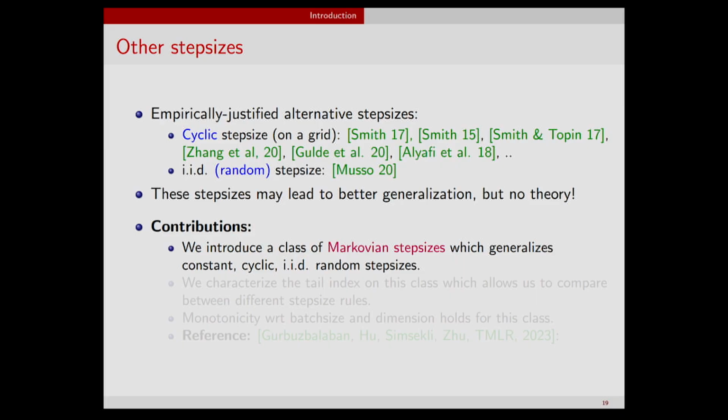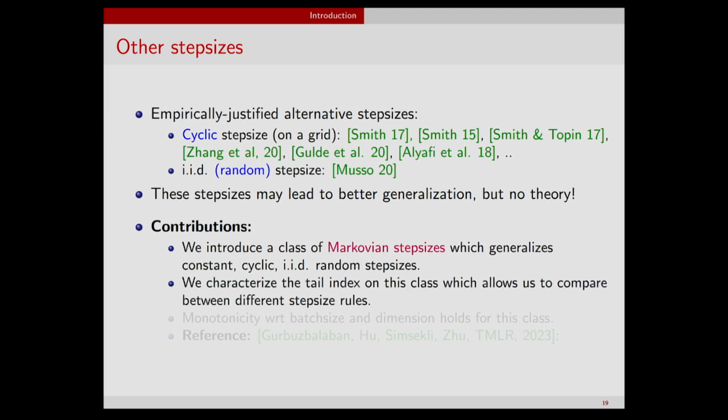But understanding the generalization is hard, so I'm going to try to understand the tail index. If I can understand the tail index, then I can relate it to generalization. I'm a mathematician, so we try to generalize. So let's propose something like a Markovian step size, where it will recover IID, but it will also recover the cyclic step sizes, if the transition probabilities are chosen in the right way.